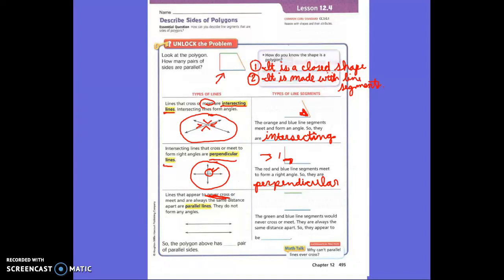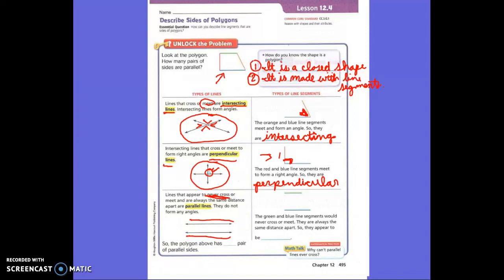They do not form any angle. So look at this drawing right here. These lines are the same distance apart, and they will never ever cross, even if they keep going forever and ever and ever. They will never cross because they're the same distance apart.